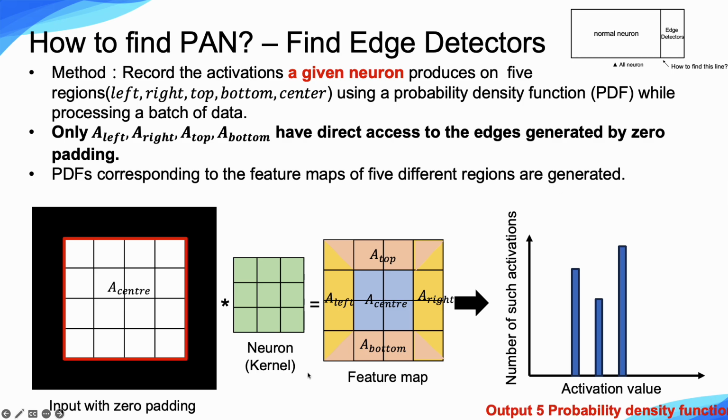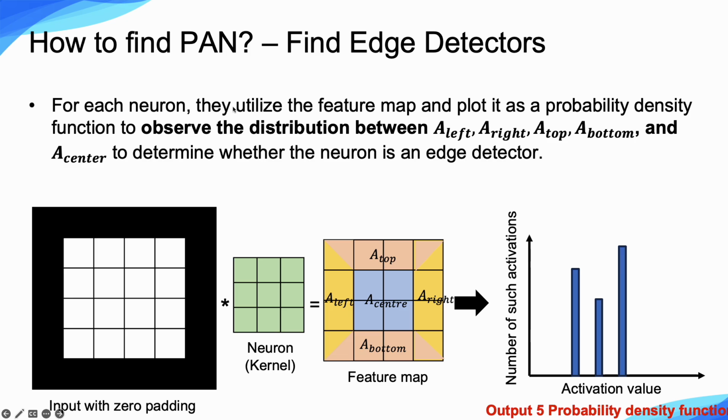So for each neuron, you will output 5 probability density functions, and only these 4 kinds of PDF will see the padding edge, but center will not see the 0 padding edge.